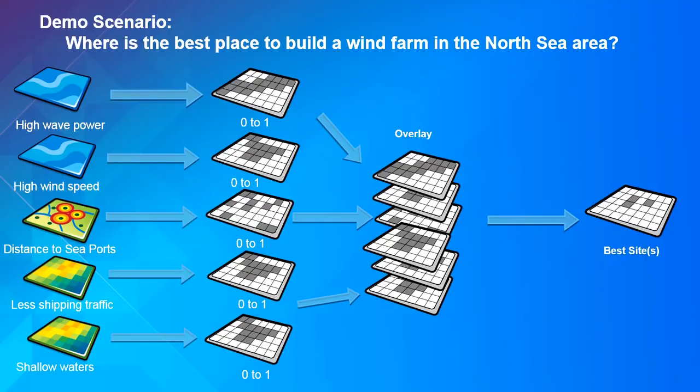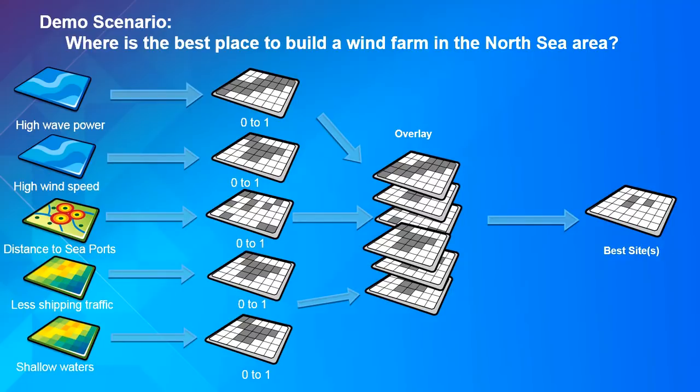So these are our criteria, and then we can generate a surface for each of our criteria. Naturally, we then want to combine them to find the most suitable place. But the measurements for each of these criteria will be very different.